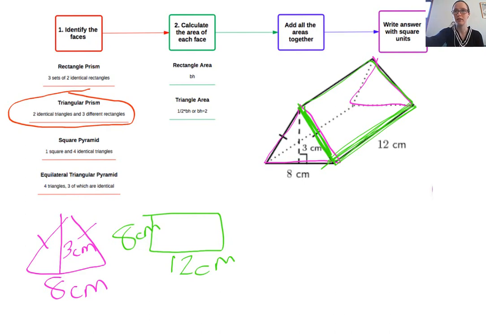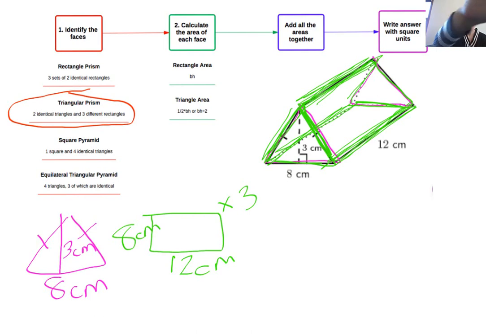I also see 2 other rectangles. And for this example, they are actually all the same, because this has a length of 12 and this has a height of 8. 12, 8, 12, 8. So there's actually 3 of these and 2 triangles.